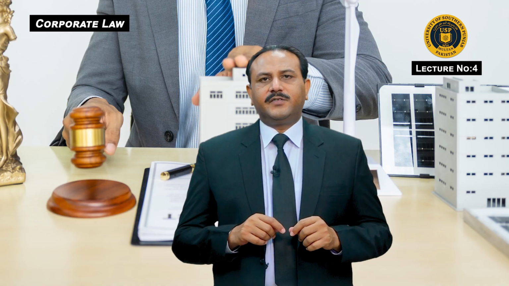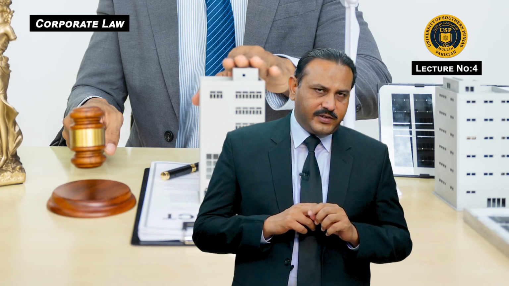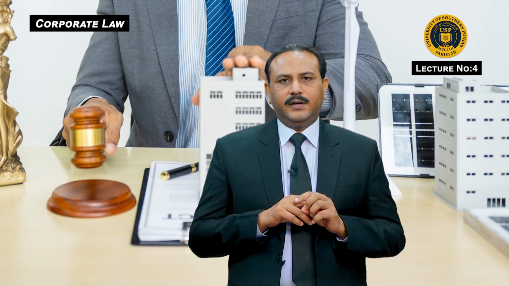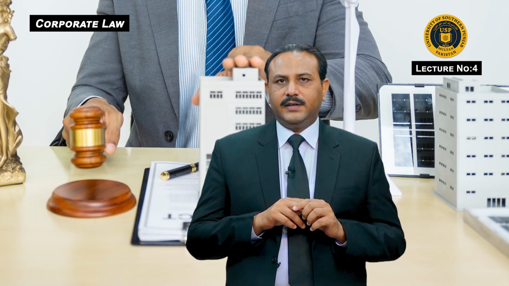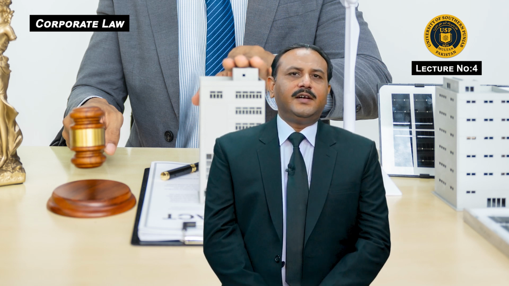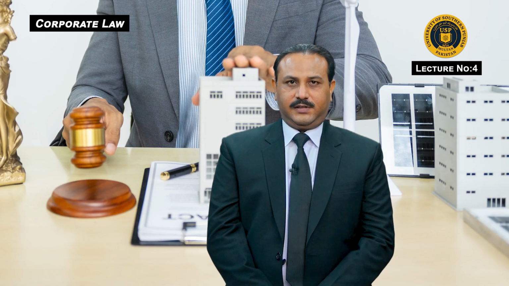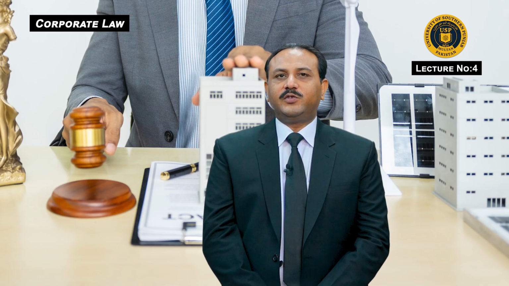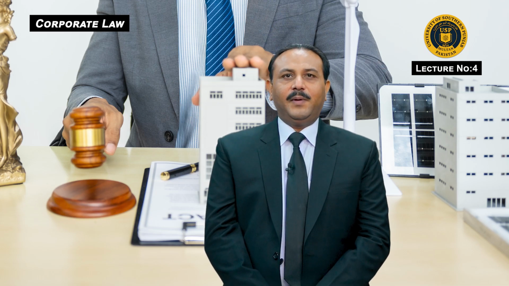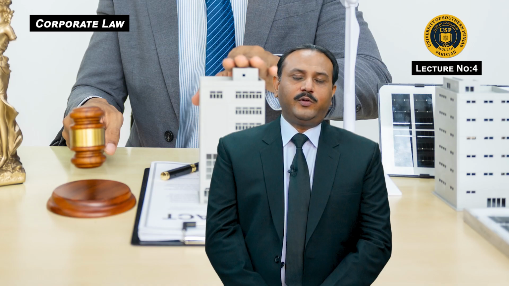There is one thing that is very important. The Memorandum of Association cannot be altered easily. However, the Articles of Association can be altered from time to time, because these are the rules, and the Memorandum of Association is the Constitution. The Constitution cannot be amended easily, but the rules can be amended from time to time.